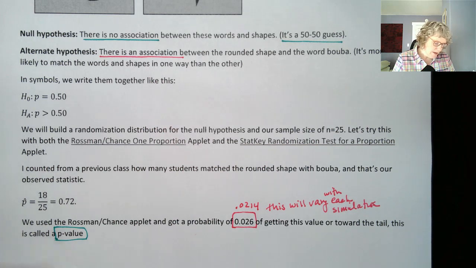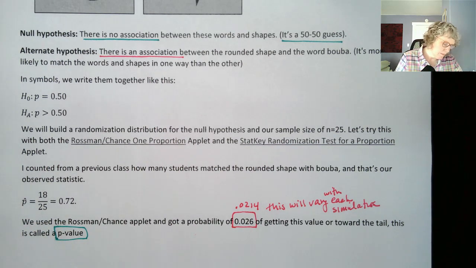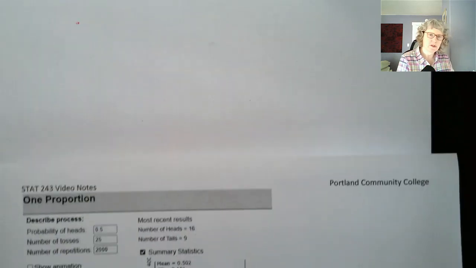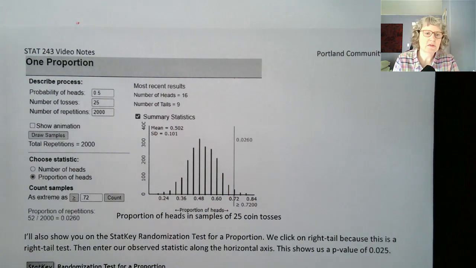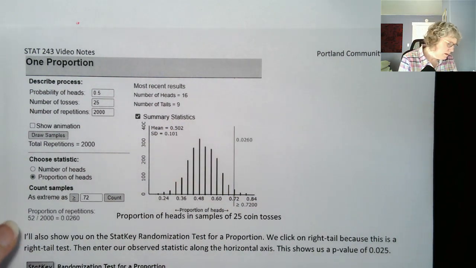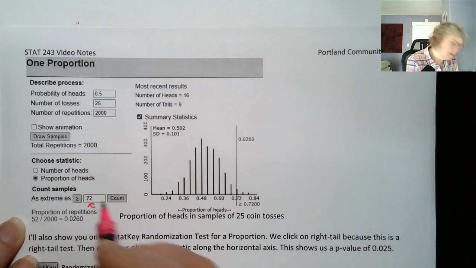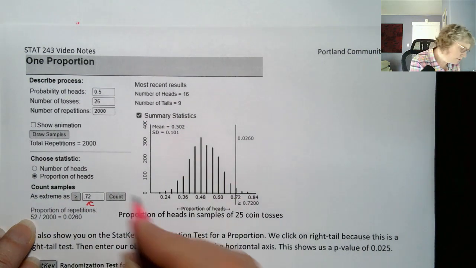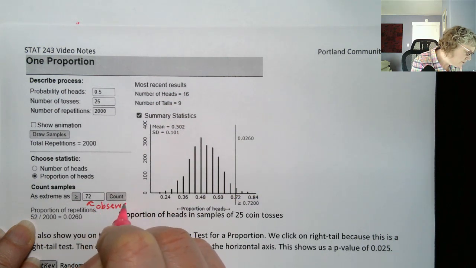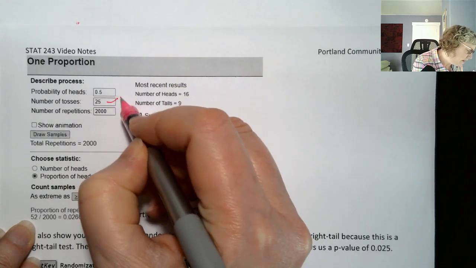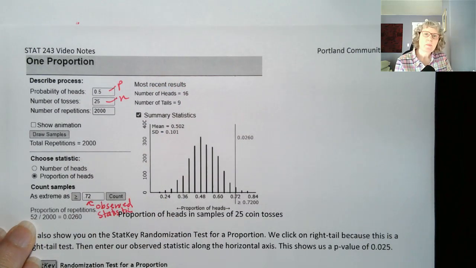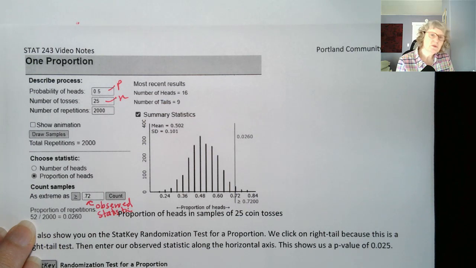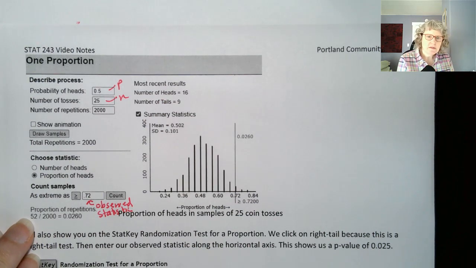Then what I did was I put that graph that we just did on the notes for you. So that was from the first time we did it. So that's also in the previous notes. And I'll just make some notes on here for you. So this is where we put in our observed statistic. This is our n. This is our p. And then we always do around 2,000 repetitions.